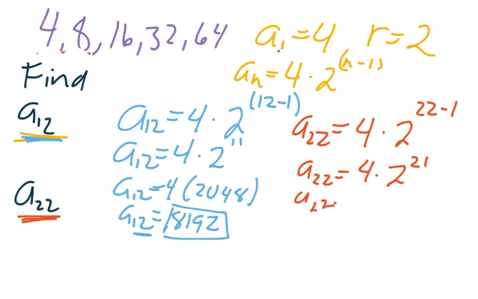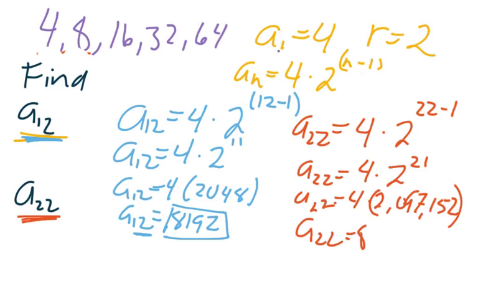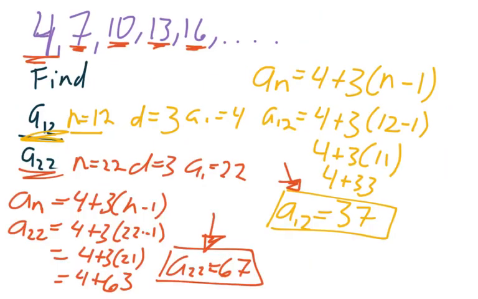So a of 22 equals 4 times 2,097,152. And so our 22nd term is 8,388,608.